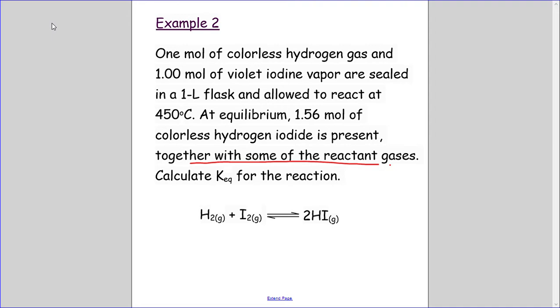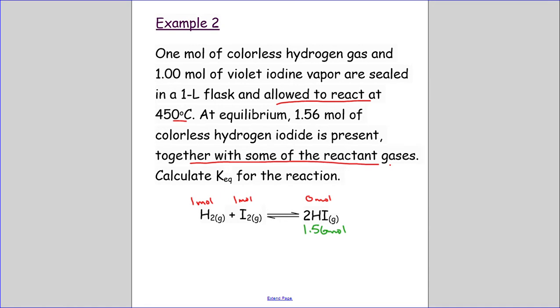So I've got 1 mole starting for each of these, and we don't have any hydrogen iodide yet. They're allowed to react at 450 degrees Celsius, a really hot temperature. After the reaction, we notice there are 1.56 moles of hydrogen iodide.